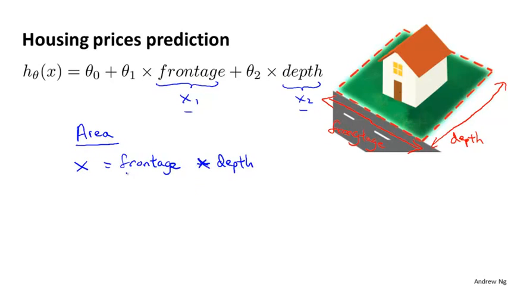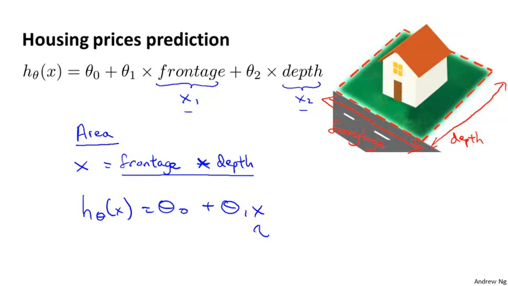So frontage times depth, because this is the land area that I own, and I might then select my hypothesis as that, using just one feature, which is my land area, right? Because the area of a rectangle is the product of the length of its sides. So depending on what insight you might have into a particular problem, rather than just taking the features frontage and depth that we happen to have started off with, sometimes by defining new features, you might actually get a better model.